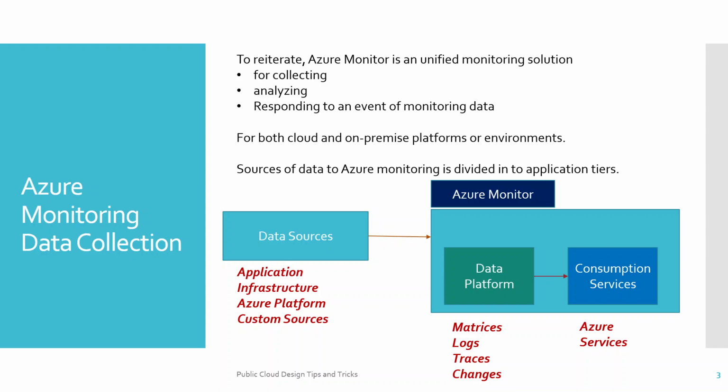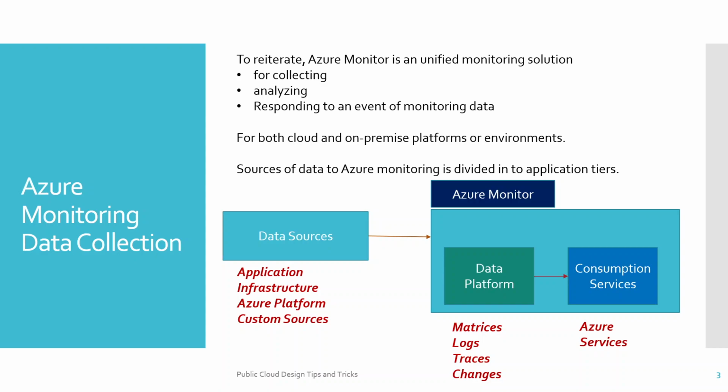Azure Monitoring data collection always deals with the source data and how it flows through different application tiers. If you can see the diagram, there are normally three tiers, and it starts with the data sources from applications, infrastructure, Azure platform, and custom sources.